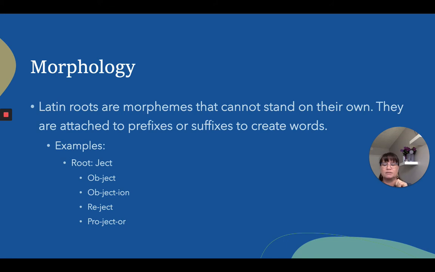Ject means to throw, but it has to have something with it to stand as a word, like object, objection, reject, projector. All of those are morphemes, prefixes, suffixes, and root words together, but these are all bound morphemes. They can't stand on their own.